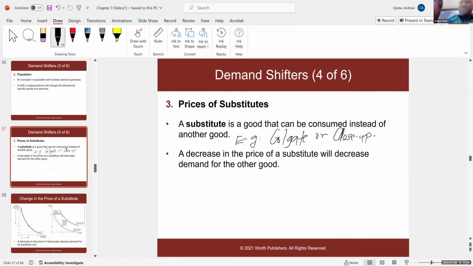Examples could include Diet Coke and Pepsi and regular Coke. They're substitutes. There are numerous examples of substitutes. Well, what else could be a substitute?